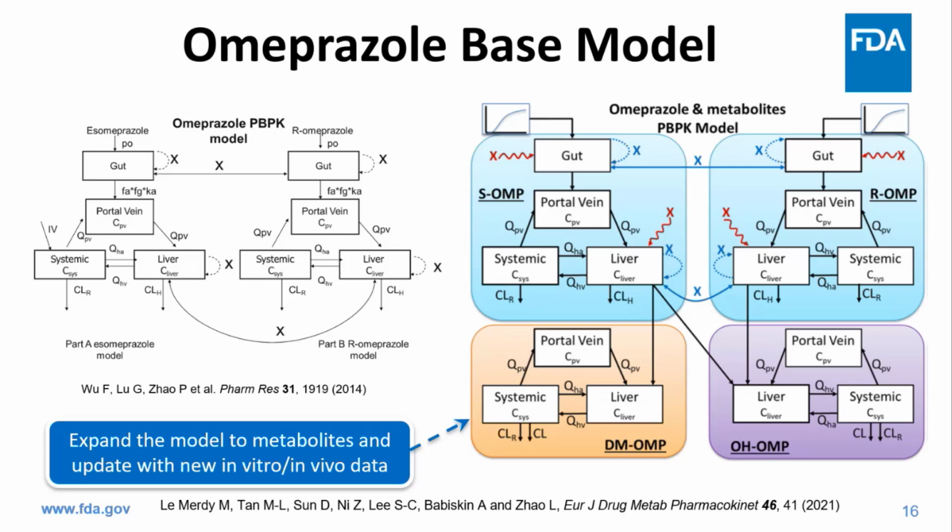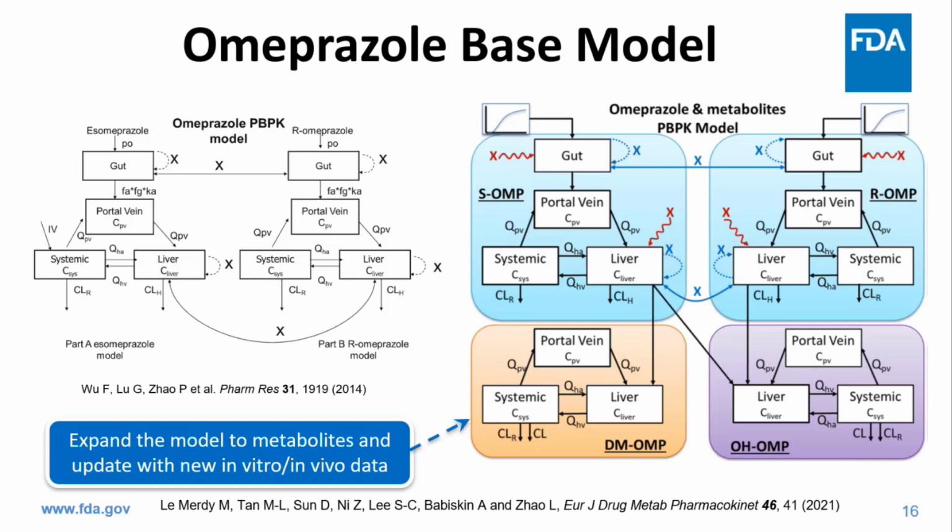Showing here is a model structure describing the time course of both omeprazole enantiomers, S-omeprazole and R-omeprazole, which is on the top, showing with light blue background, and two of its main metabolites, DM omeprazole and OH omeprazole, which is on the bottom part of the figure, showing with yellow and purple background.